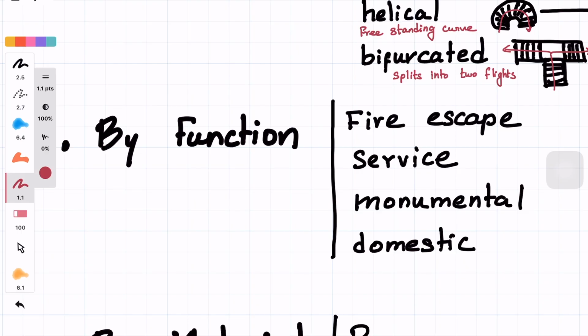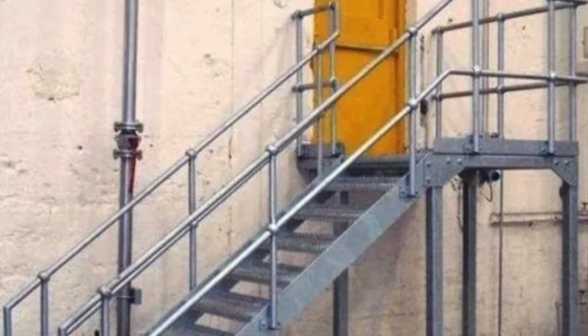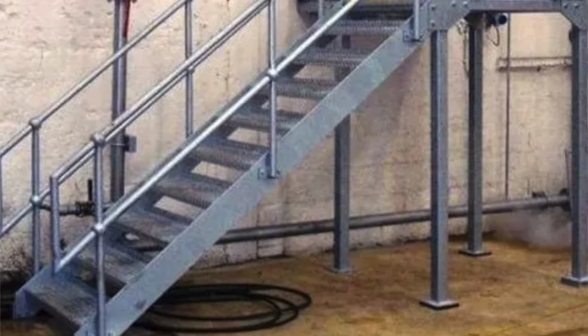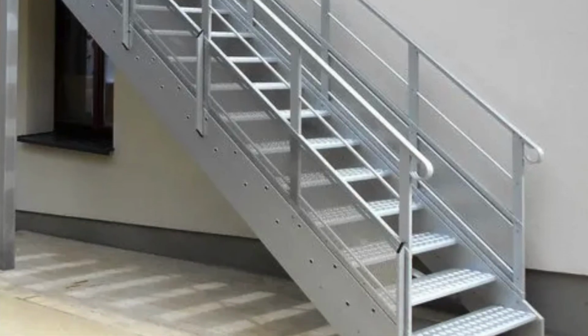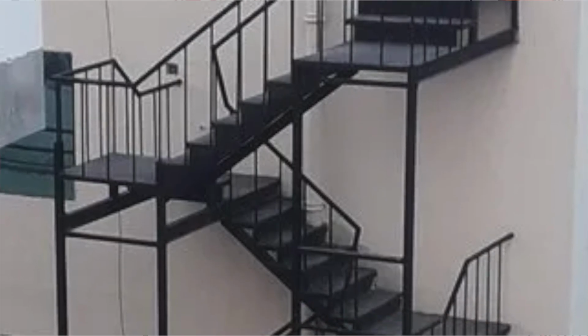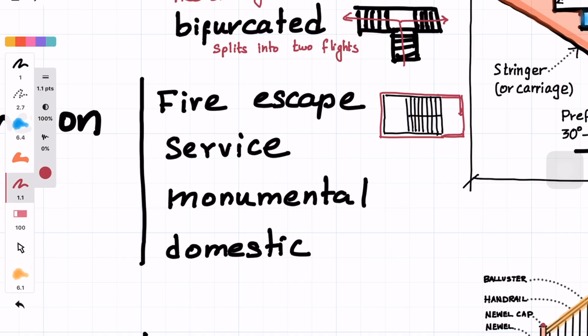Service staircase: a secondary staircase meant for staff, maintenance or service use. Examples are in hotels, hospitals or large offices. Usually tucked at the rear or side, less ornamental than the main stair, but for functional circulation, separate from public or guest use.